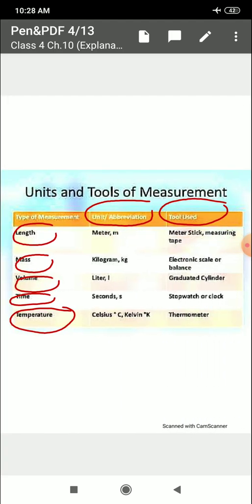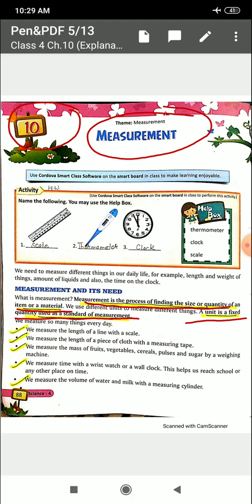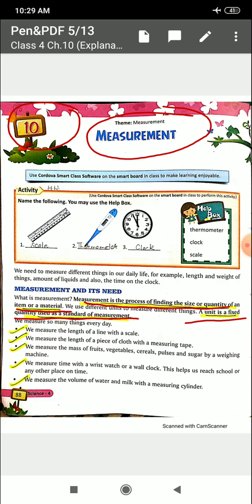After that, the units and tools of measurement for length, mass, volume, that is capacity, time and temperature. Then we discussed the definition of measurement and unit. Measurement is the process of finding the size or quantity of an item or material. And a unit is a fixed quantity used as a standard of measurement.